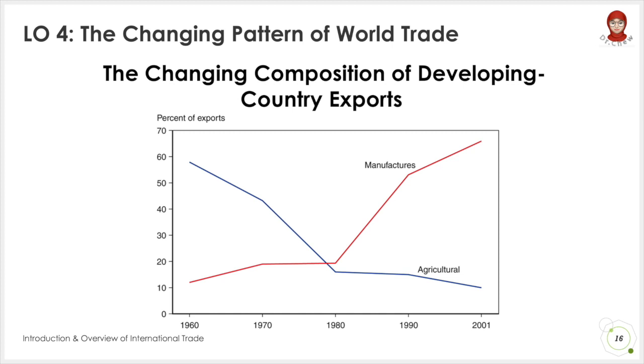We can say that this is the time that modern transportation and communication arose or were developing. It's getting better in terms of transportation, it's getting better in terms of communication. Industrialization is happening. Therefore, agricultural products are decreasing, whereas manufactured products are increasing.